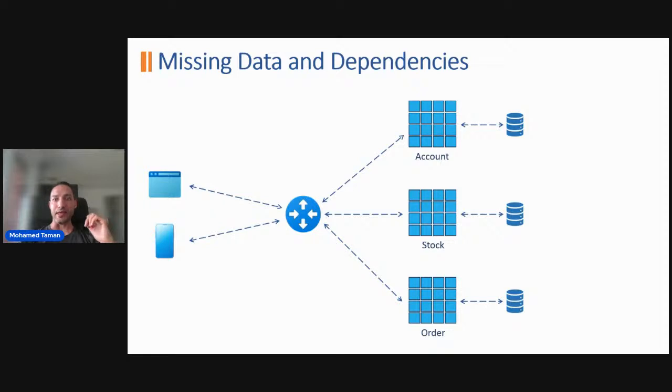Another impact of the tactical forking strategy that we need to think about is the impact of missing data and dependencies. As the teams take their copies of the code and start enhancing their business domains and deleting code and data outside of their business domain, there will be scenarios where the data overlaps.